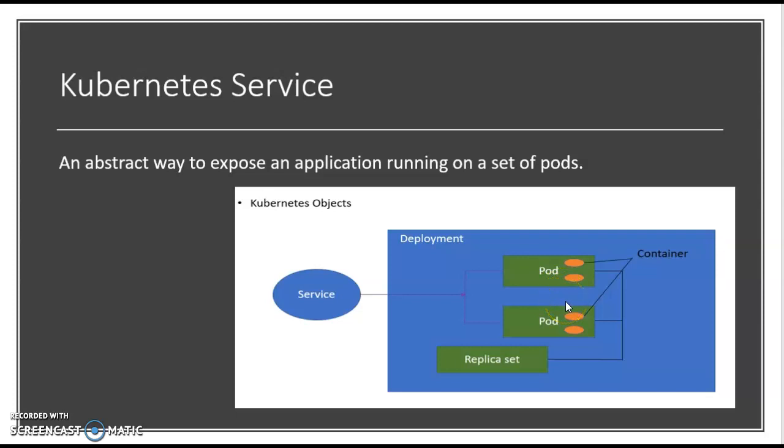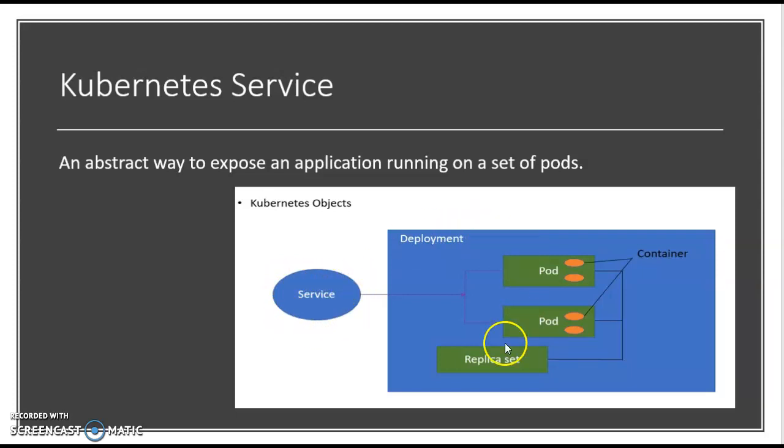So we cannot really use the IP address of the pod to expose our service to the external world. So we need someone who will provide abstraction to these pods and will help us to expose our application to the external world. And that is where one of the Kubernetes objects comes into the picture, and that is nothing but a service.